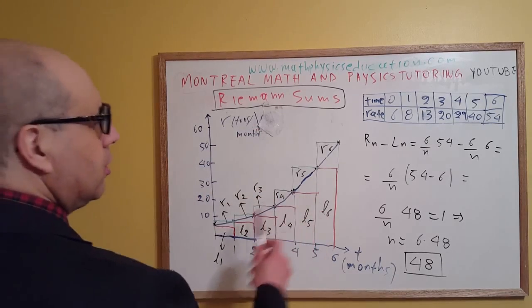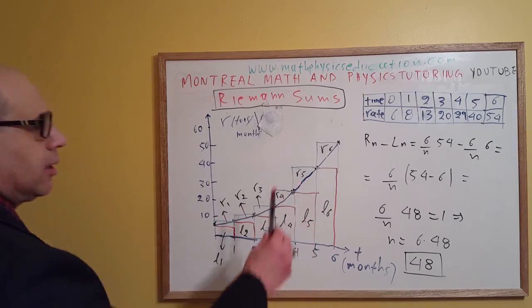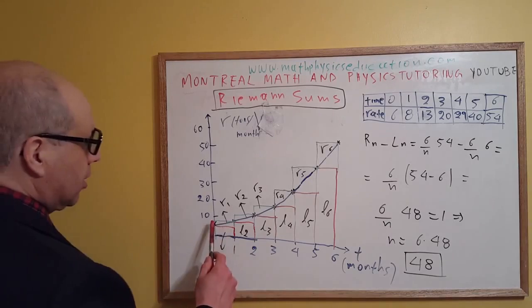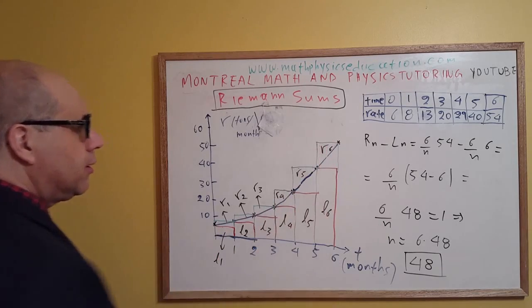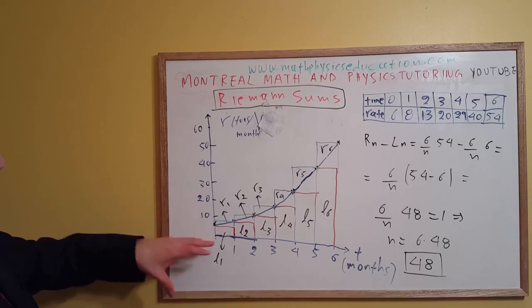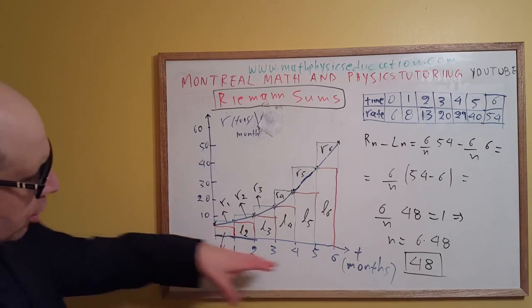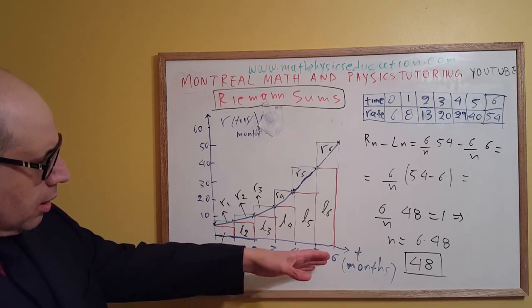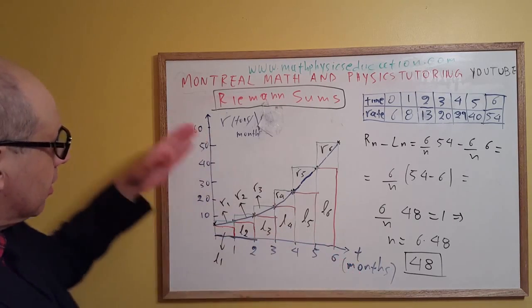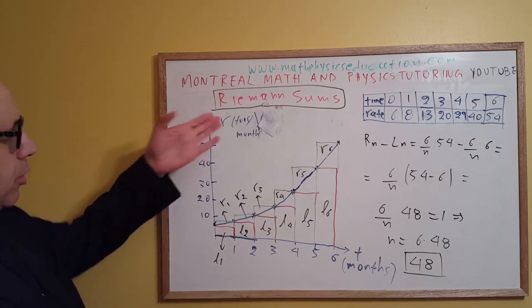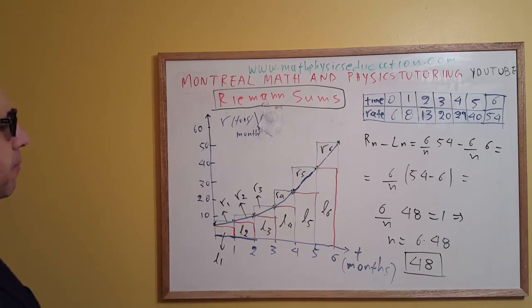First of all, we graph this table, which is the blue line that you see here. Here are the values of time in months, and here are the values of the rate, which is in tons per month.